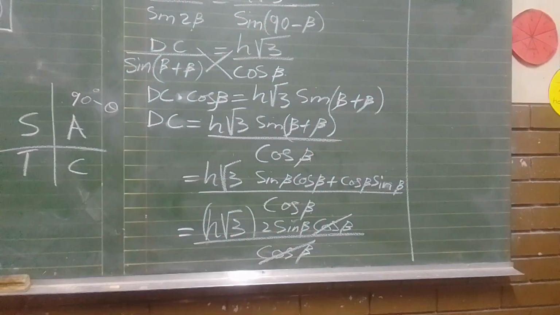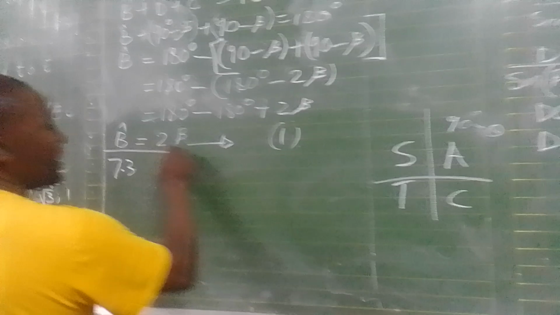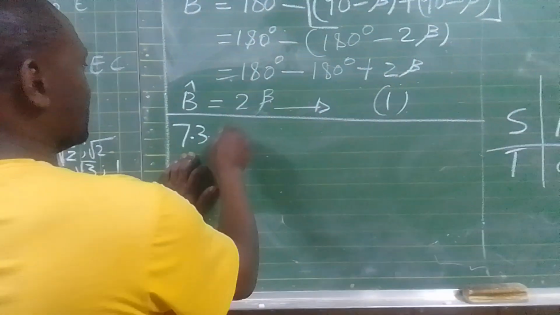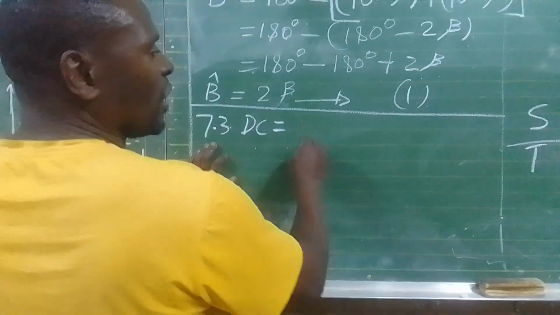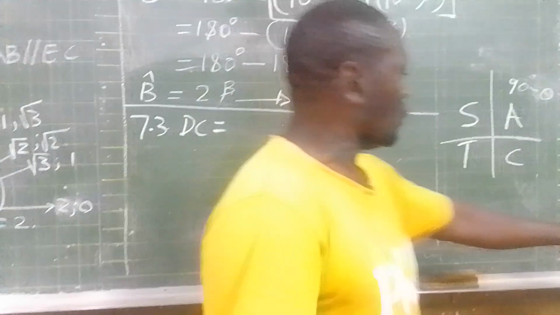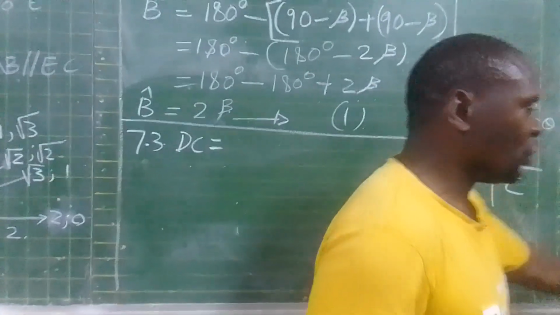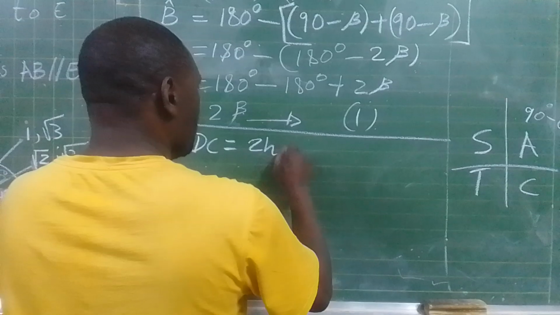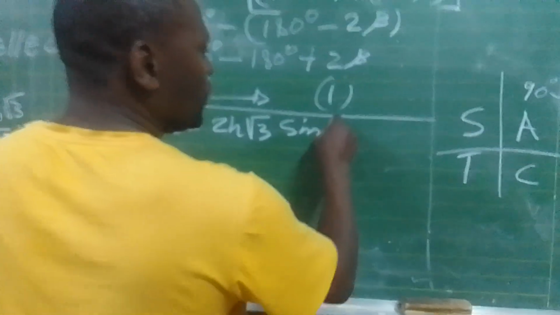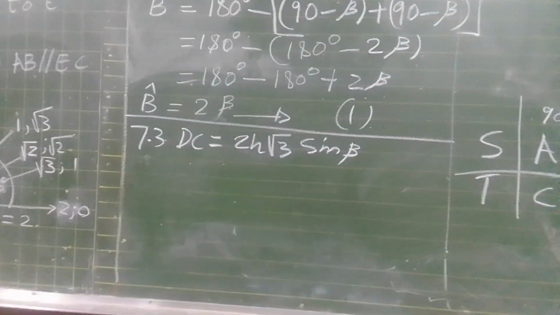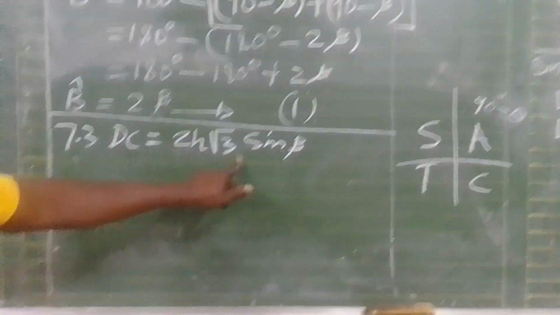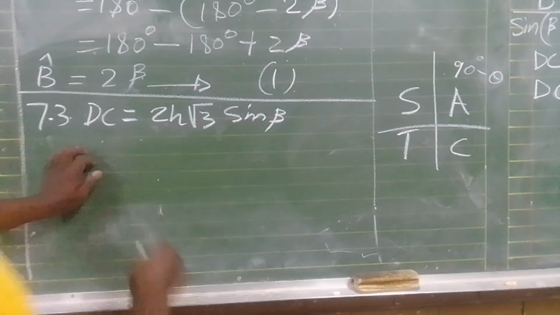Let's finish this 7.3 here. We said DC is equal to, we multiply this 2 to h, and we get 2h root 3 sine of beta. Now we need to take this 2 inside the root.